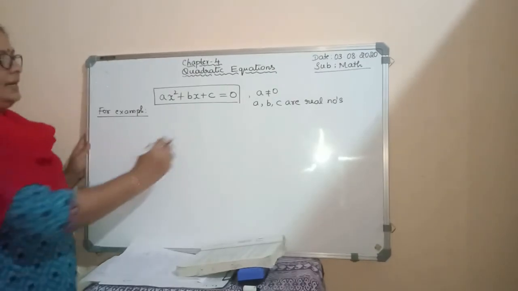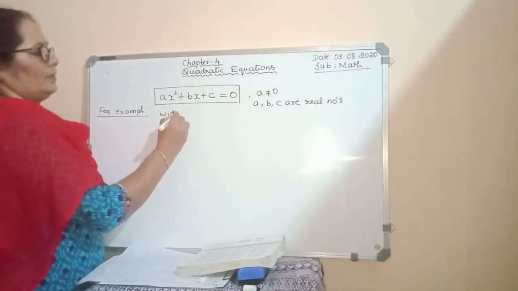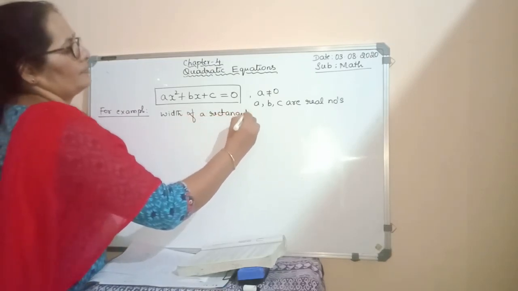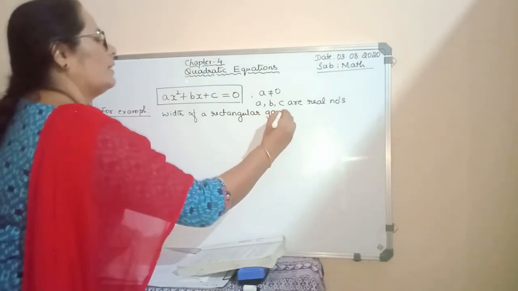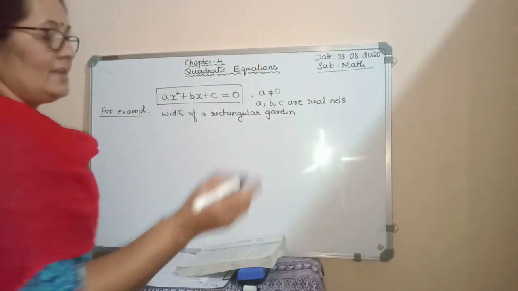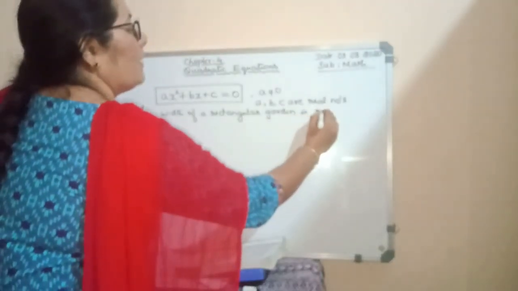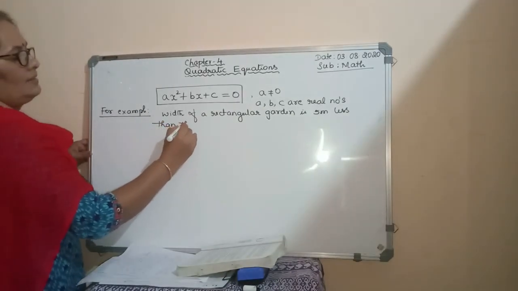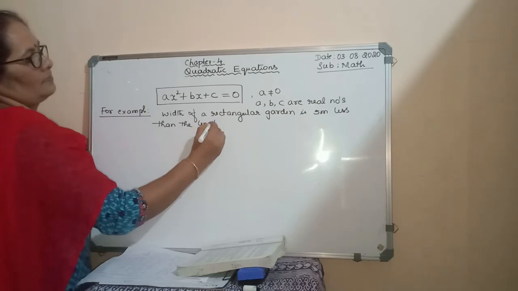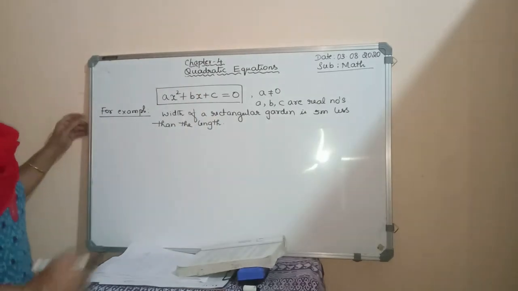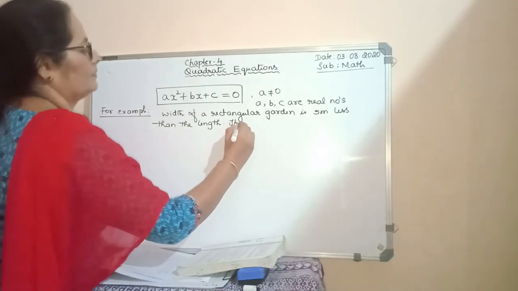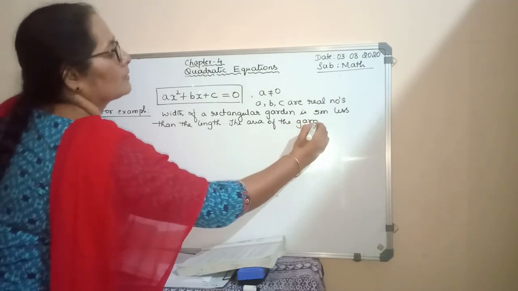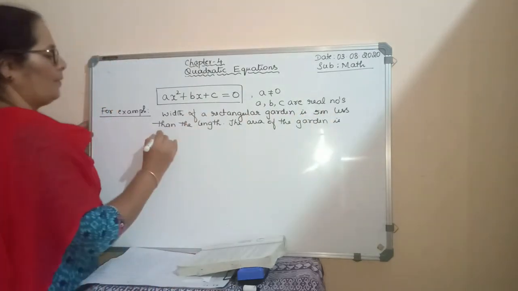The width of a rectangular garden is 5 meter less than the length, and the area of the garden is 84 meters square.